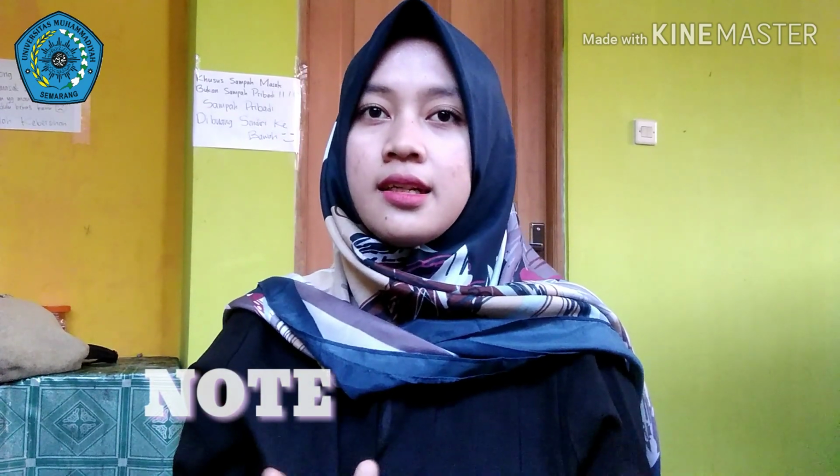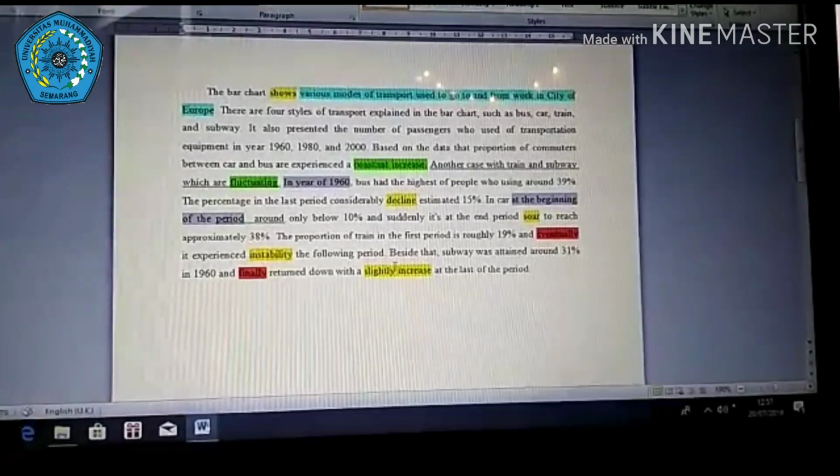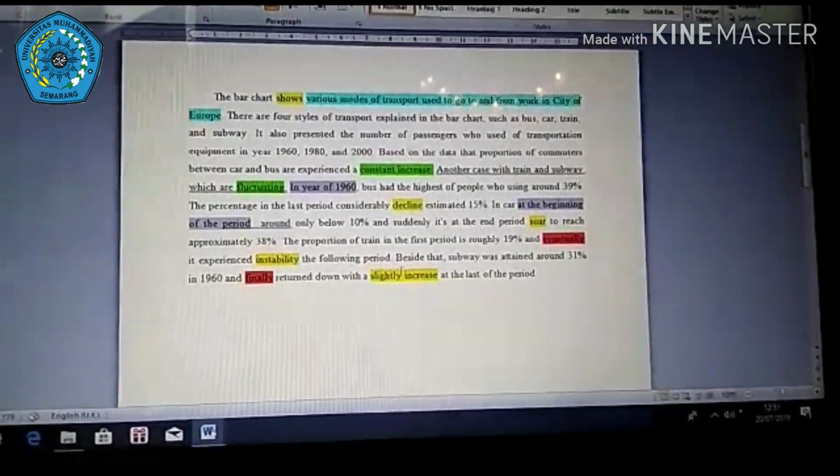Third is information about increase and decrease. The way to explain if changes are large is using the words significantly, dramatically, and so on. But if the changes are small, use the words slightly, marginally, and etc. And the last is ending points.